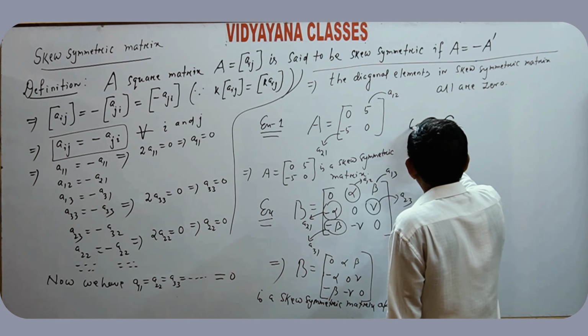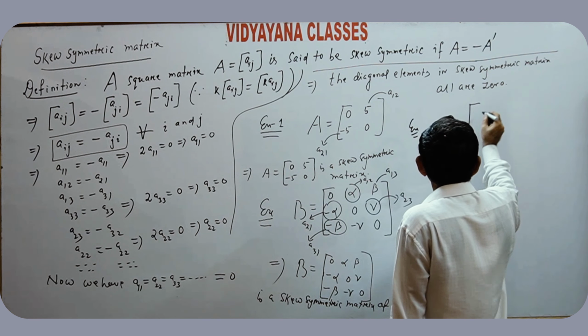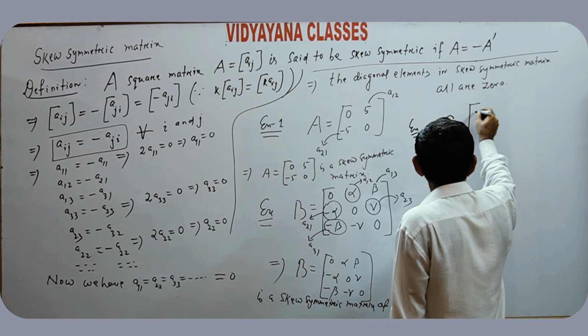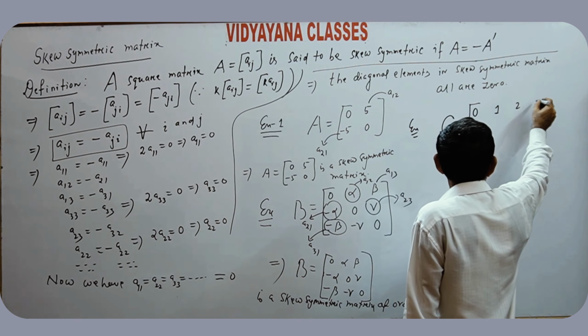Capital C is a matrix having elements 0, 1, 2, 3.